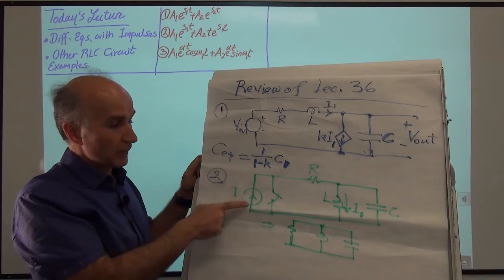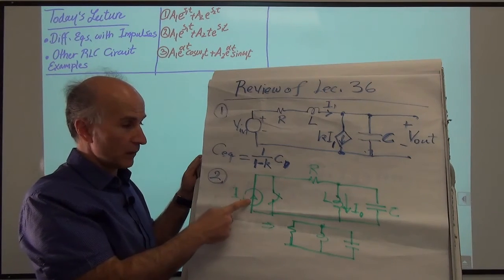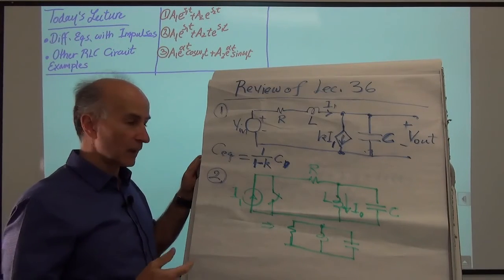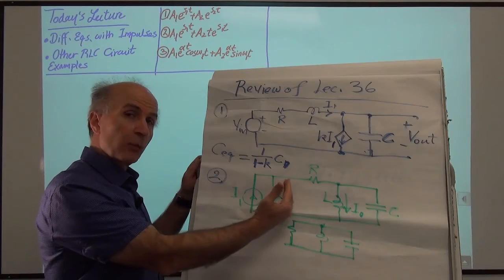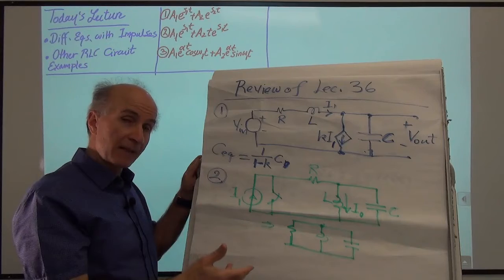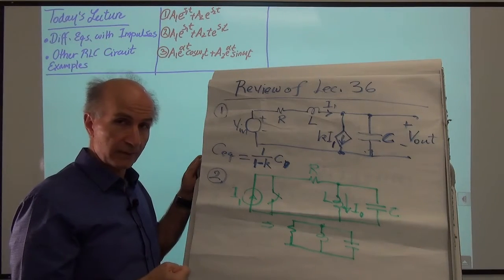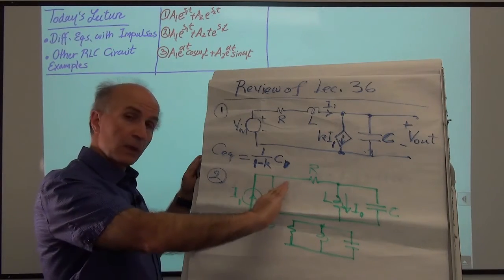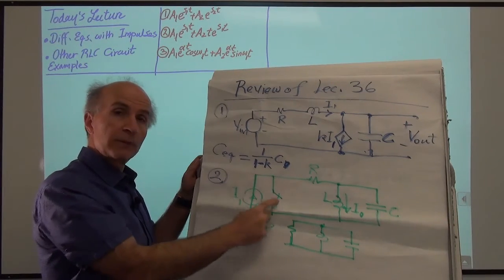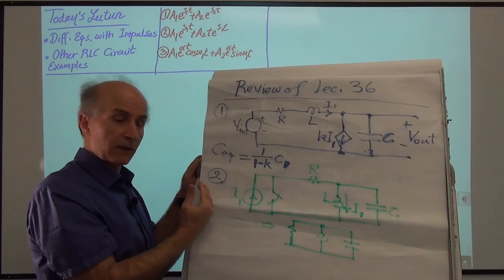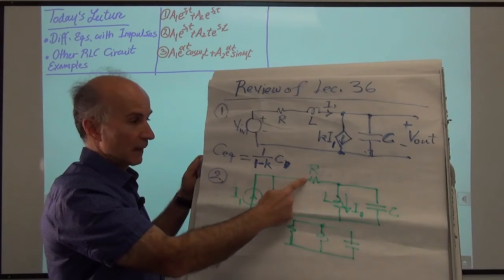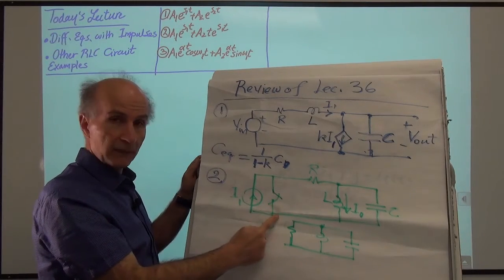Then we turned our attention to this one, which has a current source with a switch, and then this sort of combination here. Initially, the switch is off, it's open, so the current flows through the resistor and through the inductor. That creates an initial condition in the inductor. Then at time 0, we close the switch. Now this current circulates in this loop, and it's isolated altogether. This circuit reduces to a parallel combination because the left terminal of R is also grounded.